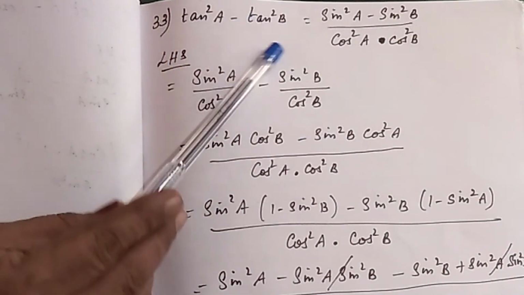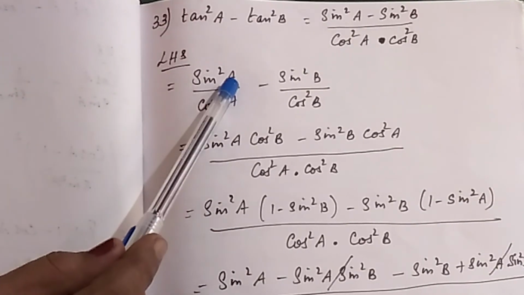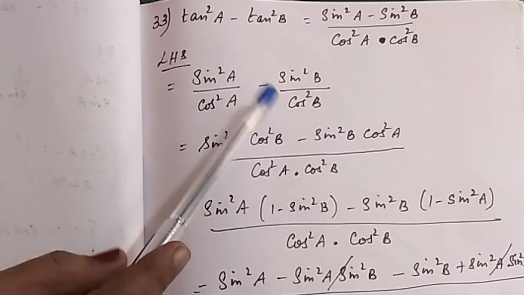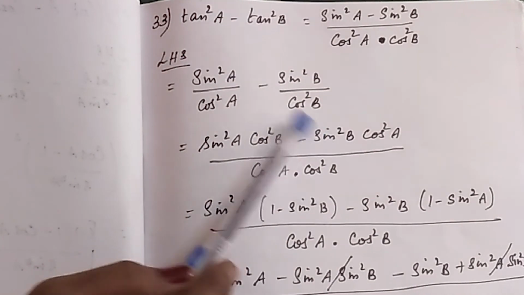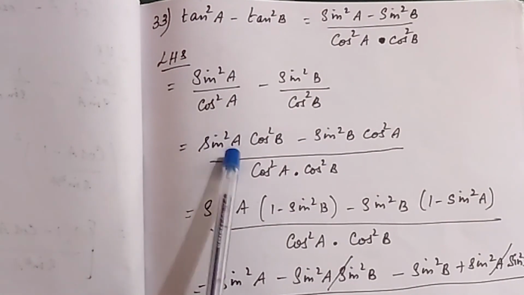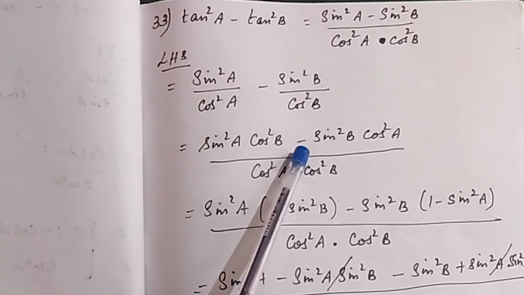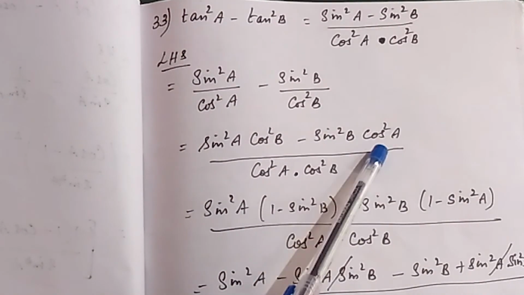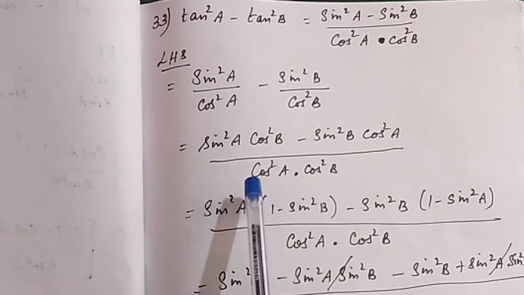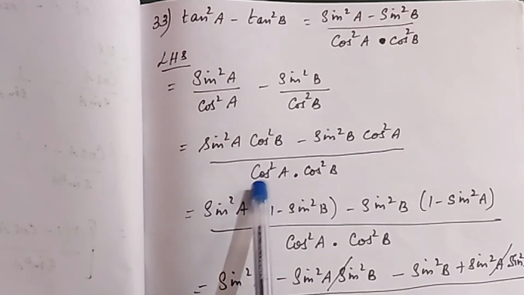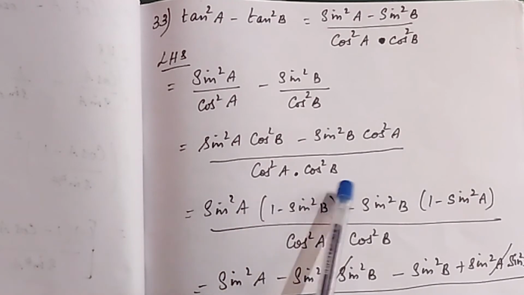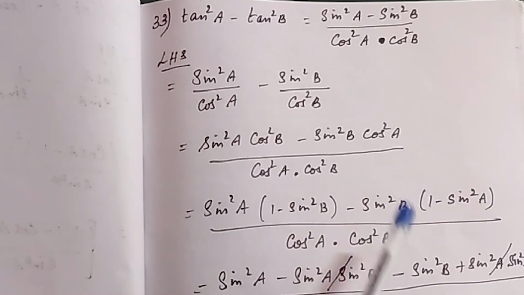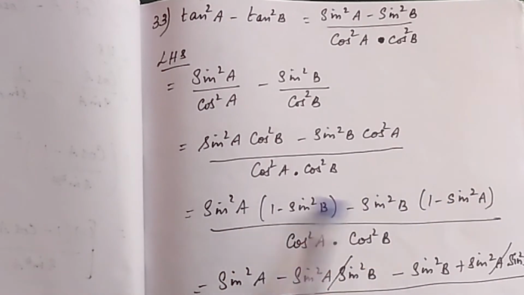So here A and B: sin squared A upon cos squared A minus sin squared B upon cos squared B. Take the LCM. So (sin squared A cos squared B minus sin squared B cos squared A) upon (cos squared A into cos squared B). So the denominator we got. Now we have to see the numerator.